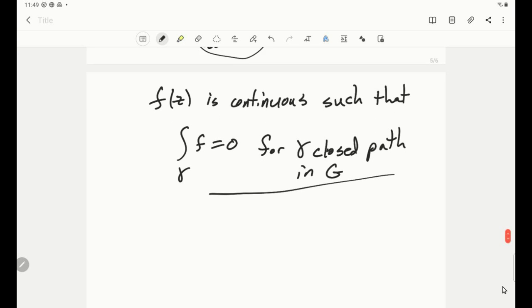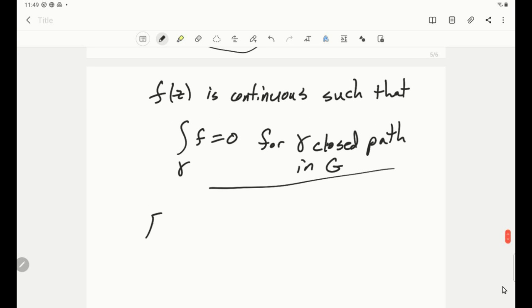But if we do that, then we could define our antiderivative f of z as being equal to this path integral from z naught to z. I would put z naught myself, but they may not do that.